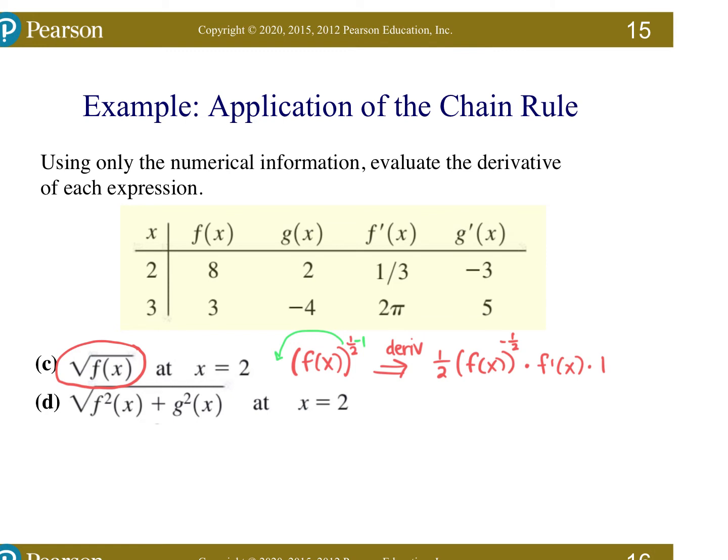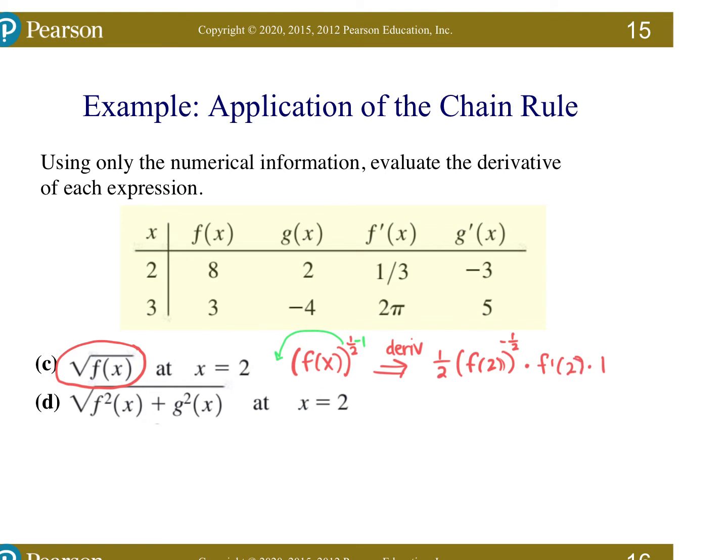Okay, always the rule first. Don't even look at the table, don't even get values off the table until you've done the entire rule. Now I want to replace all my x's with 2's. So this will become f of 2, and this will become f prime of 2.